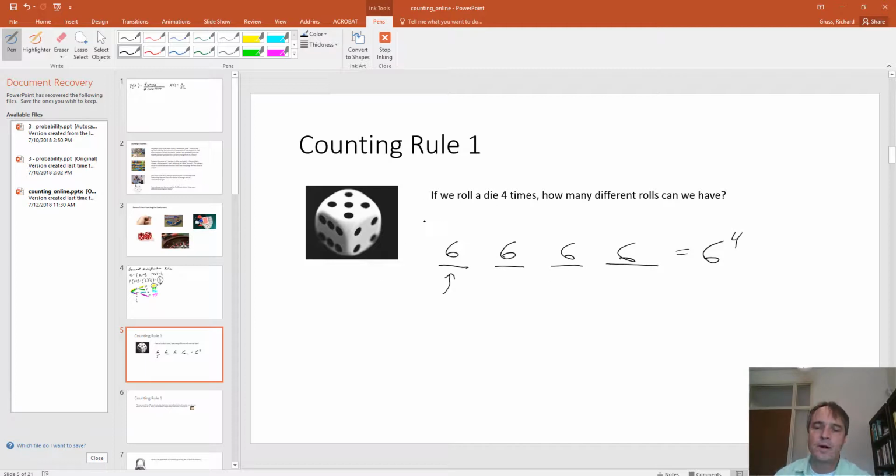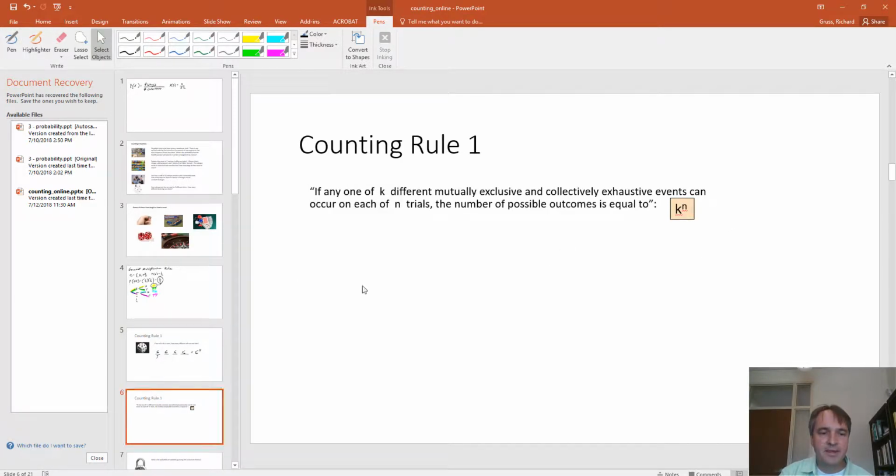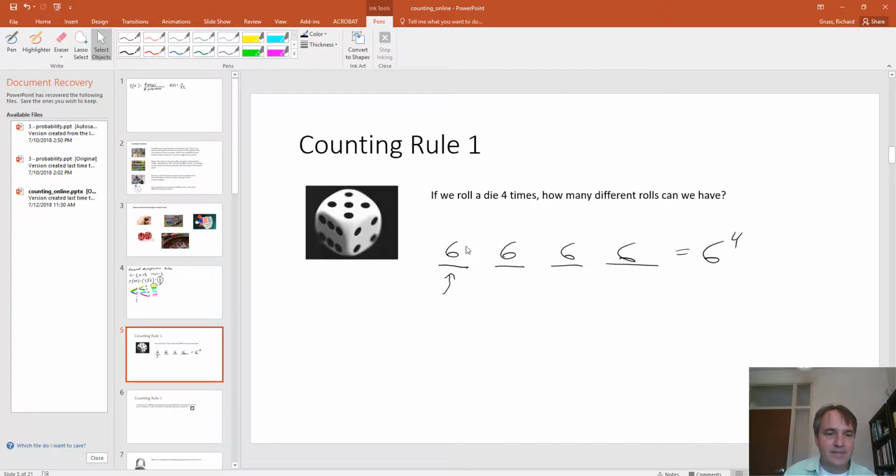Okay, so the formal statement of this principle is if any one of k different mutually exclusive and collectively exhaustive events can occur on each of n trials, the number of possible outcomes is equal to k to the n. Okay, so that's a little bit of an opaque way of putting it, but if we think about this example, we can think about each of these slots as a trial.